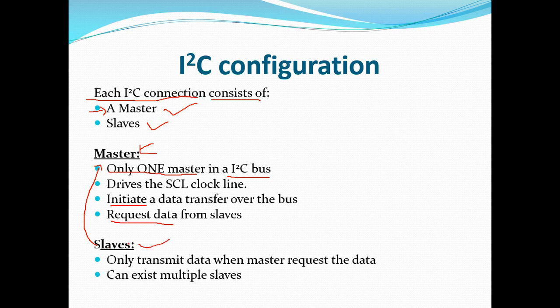What is the function of the slave? The slave just follows instructions. It only transmits data when the master requests it. If the master does not request, it does nothing, like getting paid for doing nothing, as people say. Okay, multiple slaves can exist. One master may have more than one slave. It's not only one slave.